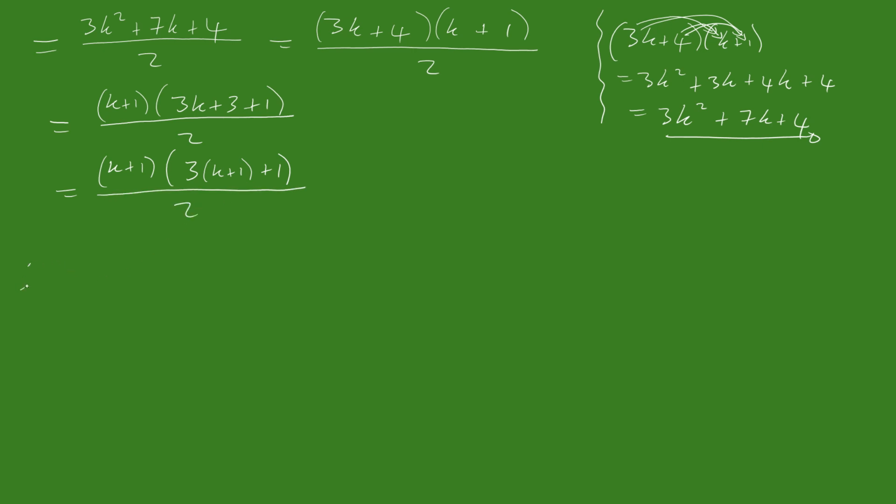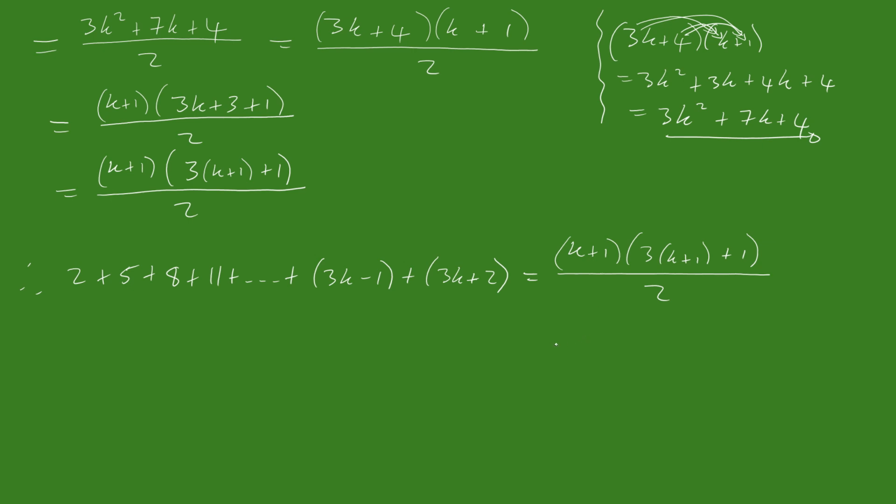So now we have this, we have 2 plus 5 plus 8 plus 11 plus a whole lot of other terms plus 3k minus 1 plus 3k plus 2 is equal to k plus 1 into 3k plus 1 plus 1 all over 2.